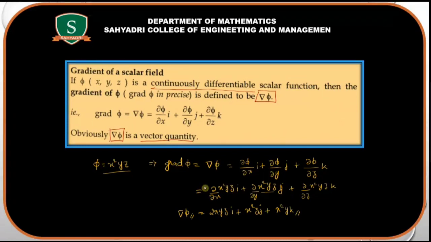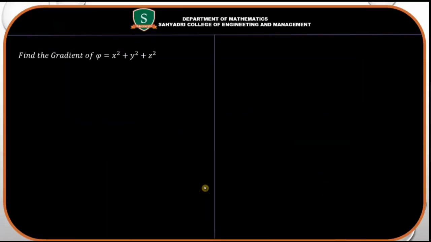So let us see some more examples on the gradient of a scalar field. I have taken the scalar function phi equal to x square plus y square plus z square. The gradient of phi is denoted by grad phi, and this can also be denoted as del phi.